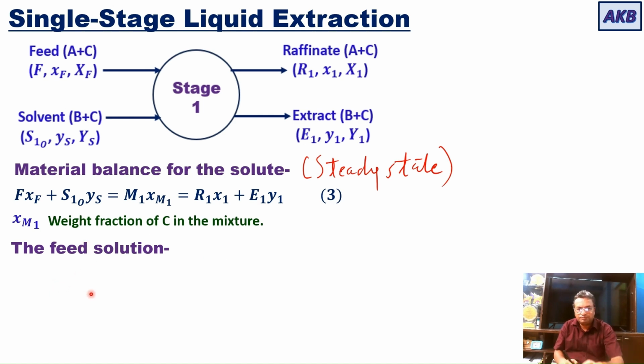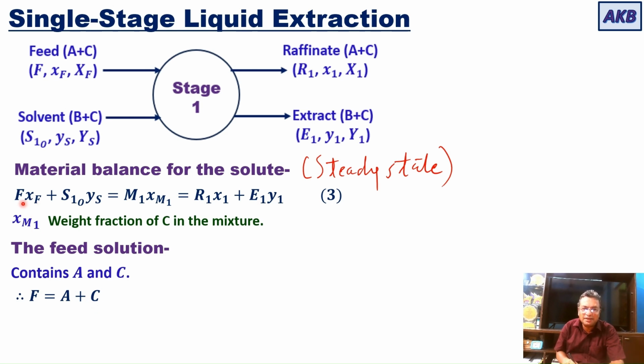Now, we will analyze each of the streams involved in the operation. So you have the feed, then you have the solvent, and then you get raffinate and the extract. Let us first look at the feed solution. We know the feed solution contains two components, A and C. That means the total mass of feed is equal to mass of A plus mass of C. And how do you get the mass of C in the feed?